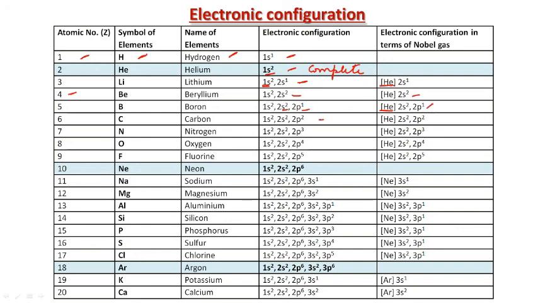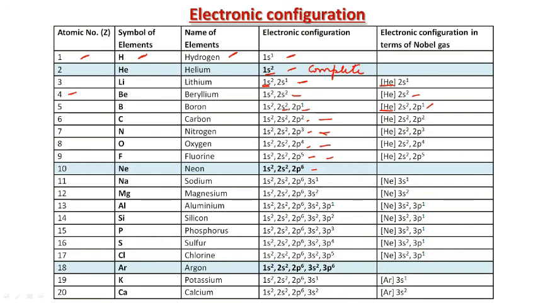Similarly, in either way one can write this electronic configuration. We can have a maximum of 6 electrons. So this 2p1, then carbon has 2p2, nitrogen has 2p3, oxygen has 2p4, fluorine has 2p5 and neon has 2p6.